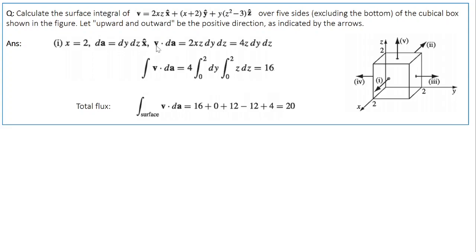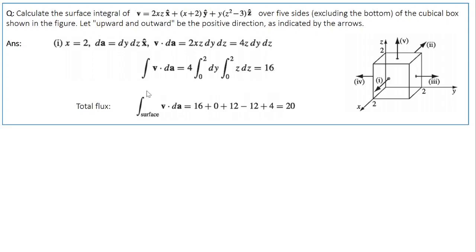Now you can take v dot dA. Since you have only x component, this becomes 2xz dy dz. Now value of x equal to 2, you can substitute for that, it becomes 4z dy dz.